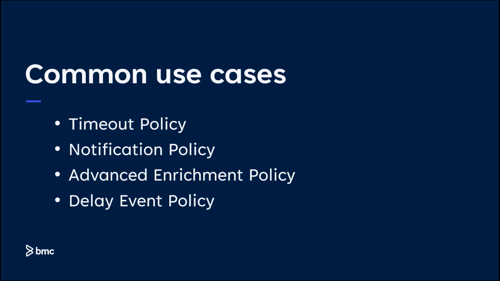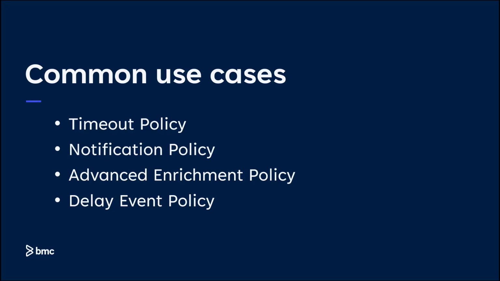These are the most common and also confused use cases we will see in this webinar. Timeout policy. We will create a policy where OK events will be closed after some time. Notification policy. We will create a notification policy where the email body contains a URL for a direct link to the event.